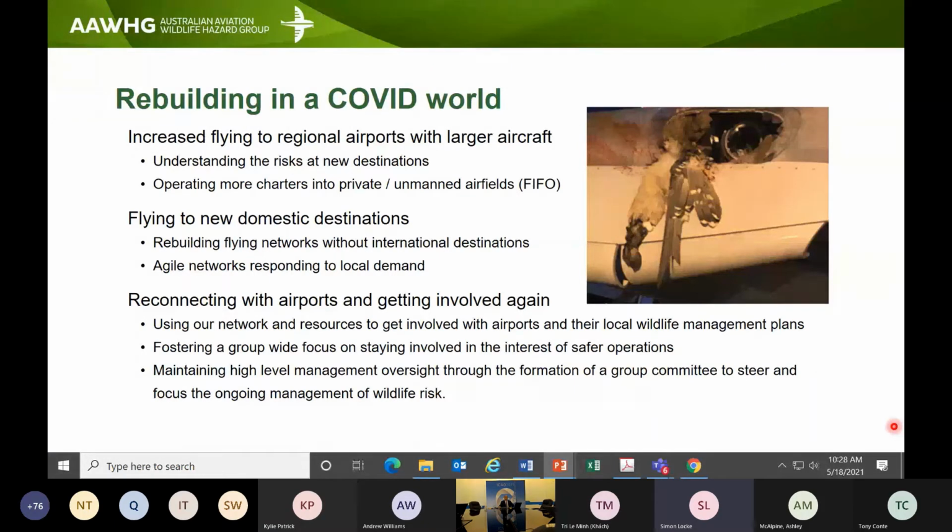So we're reconnecting with the airports. Across the group, Qantas is leveraging off all of our subsidiary AOCs, and we're putting in place a plan to engage with all of the airfields we operate into, and working towards getting more involved in their local wildlife management plans so that we can add our data, our observations and our experiences into those plans, so that we can work together to achieve a safer outcome.